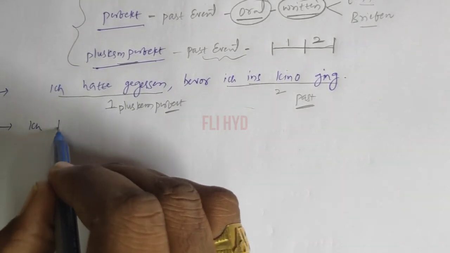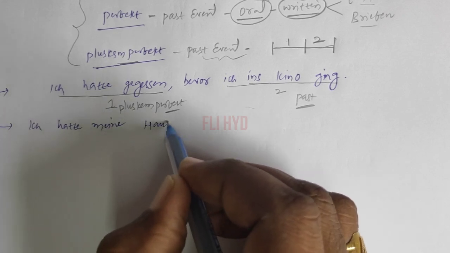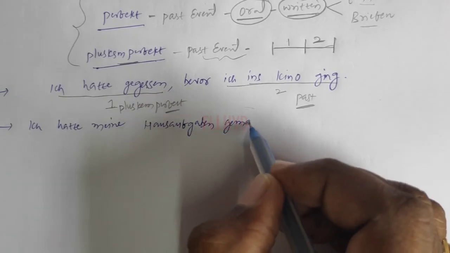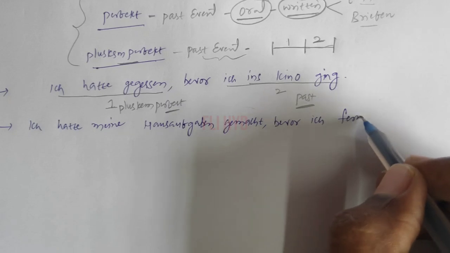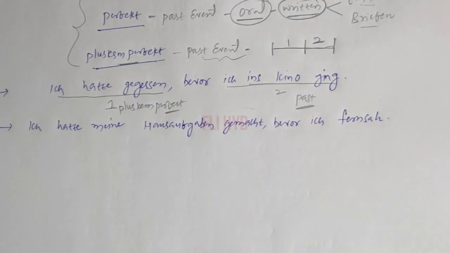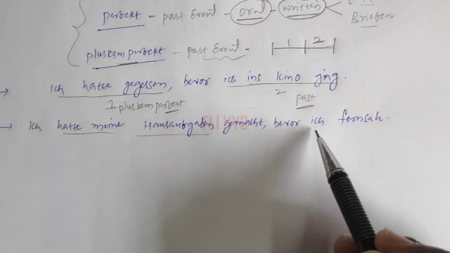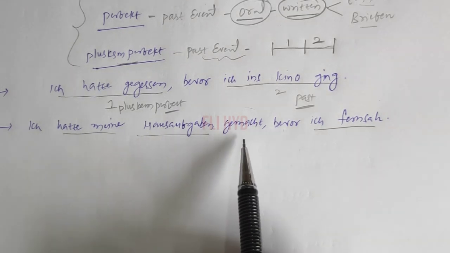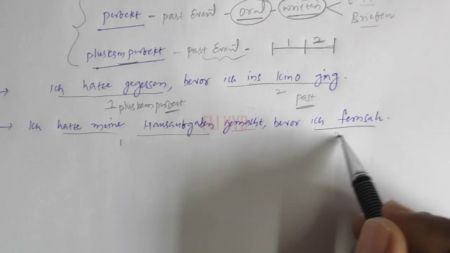"Ich hatte meine Hausaufgaben gemacht, bevor ich fernsah." So what are the two actions? I had done my homework, one action, and I watched TV. So two actions happened in the past. Ich hatte meine Hausaufgaben gemacht, I had done my homework, and I watched TV.